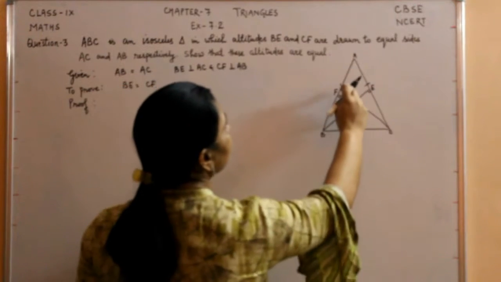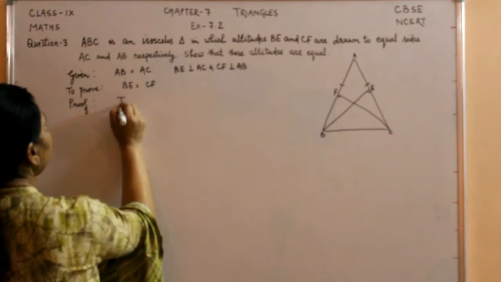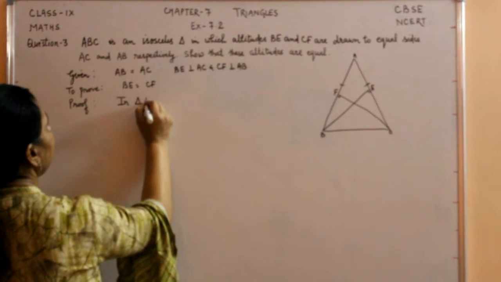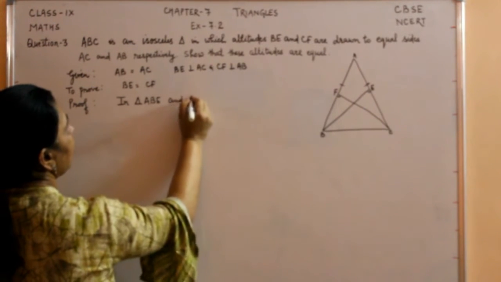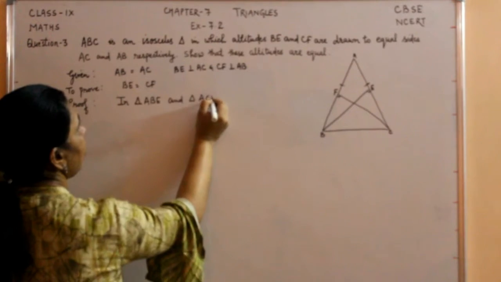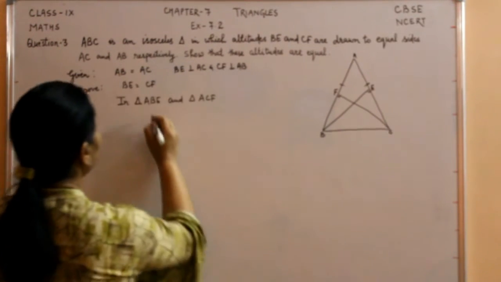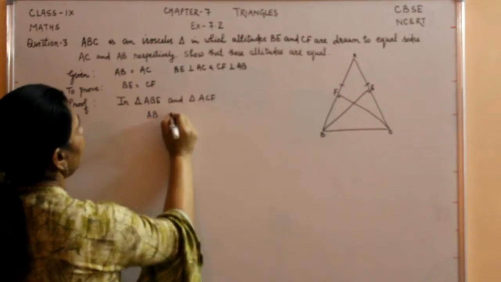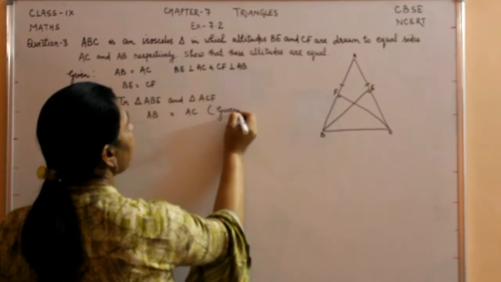We will consider these two triangles ABE and ACF. In triangle ABE and triangle ACF, AB is equal to AC, it is given. This is given because ABC is an isosceles triangle.